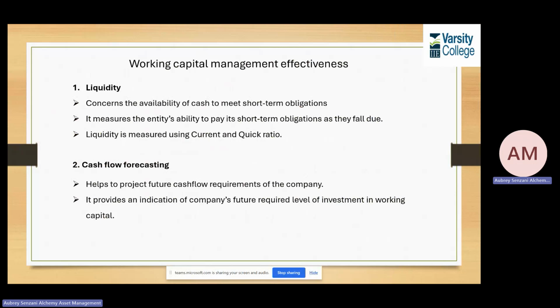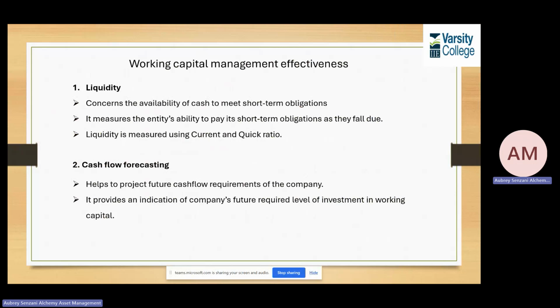Okay, cash flow forecasting. This is basically what we call budgeting, right? You cannot have effectiveness in this space when it comes to working capital without forecasting. Because basically you're saying we anticipate that we're going to need to buy this amount of inventory. We anticipate that this is how much inventory is currently being used of raw materials.